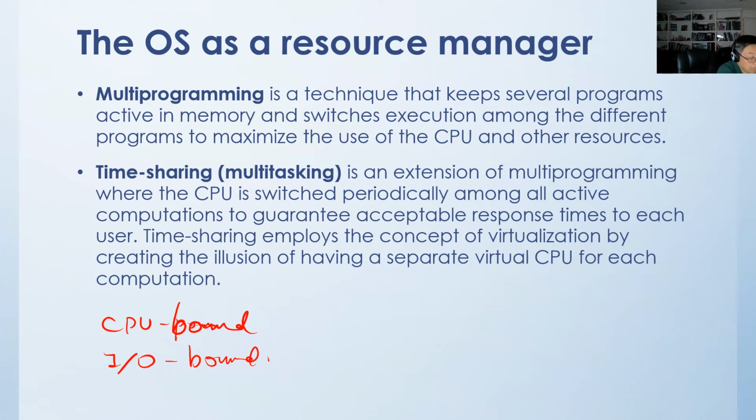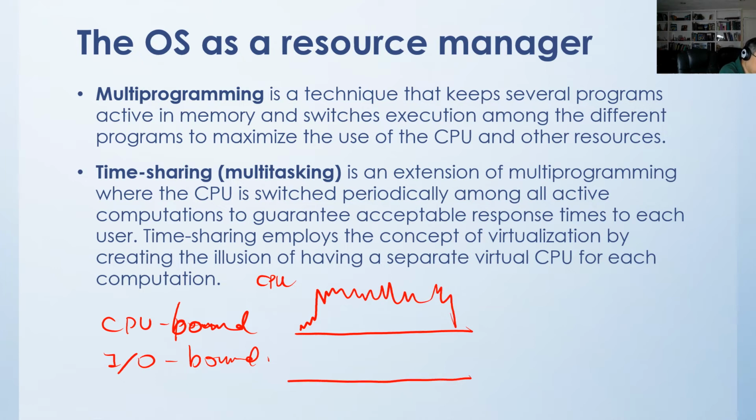If you look at a diagram of CPU usage, a CPU bound program runs like this, and an I/O bound program is bursty in nature. It uses the CPU for a very short period of time, most of the time it's idle, and then it uses the CPU again. So these are the two different types of programs.